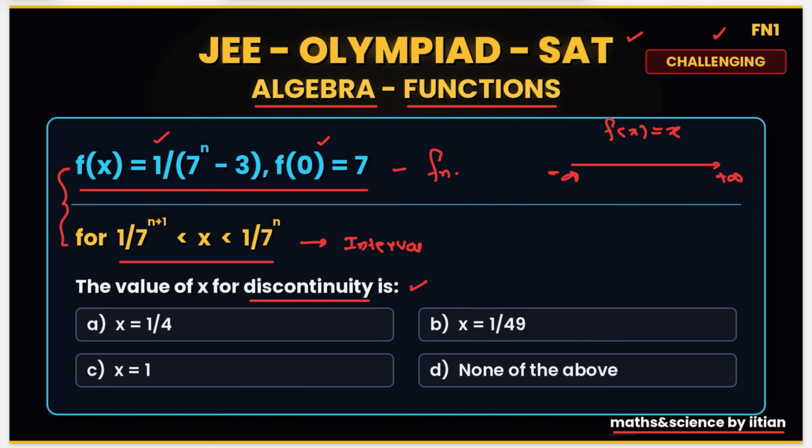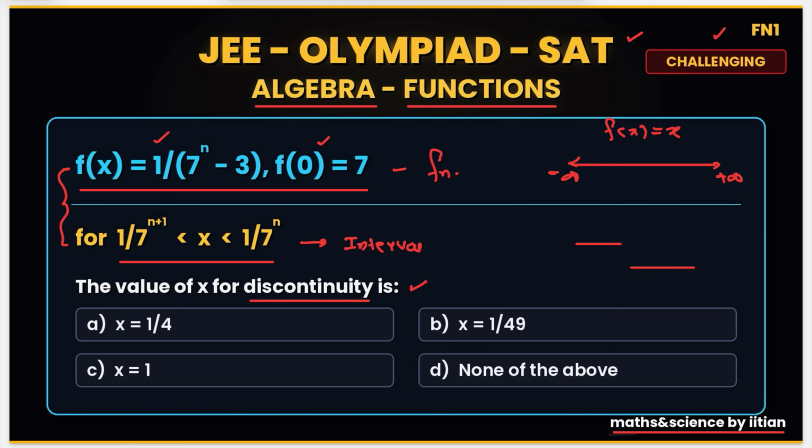Then we are supposed to find out the discontinuity, where a particular function is getting discontinued. At a particular value, the function is getting discontinued. It is not continuous. It is not like a continuous line. It is discontinued like this and like this.